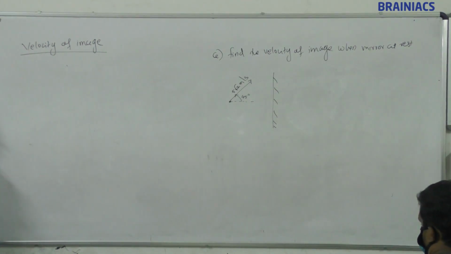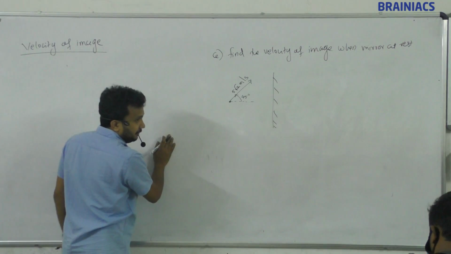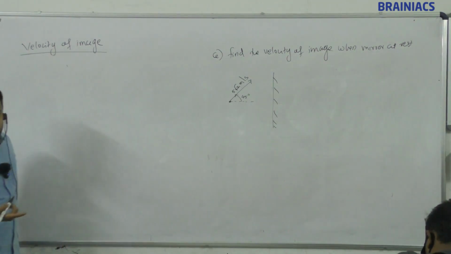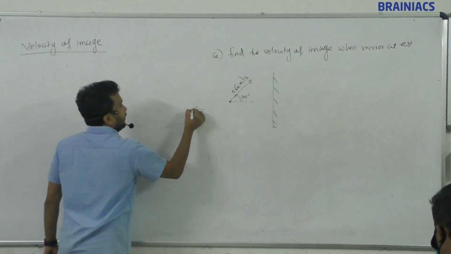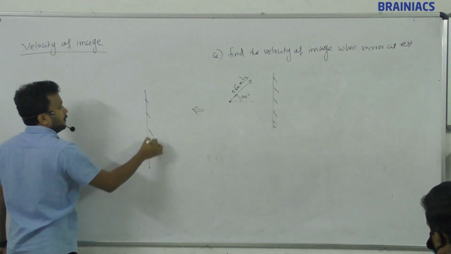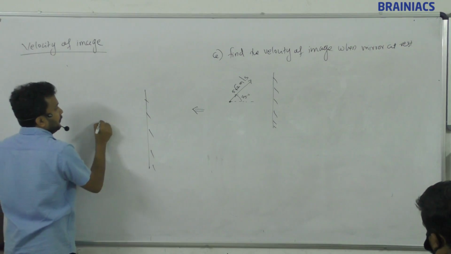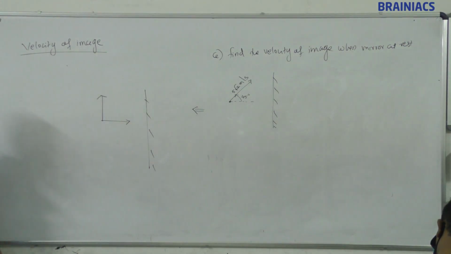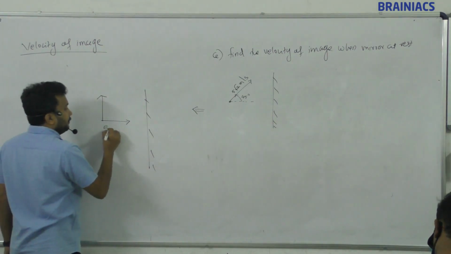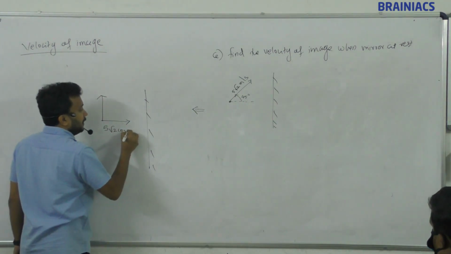The object is moving at 5 root 2. So in this case, what you have to do: you have a parallel component and a perpendicular component. This is similar to two-dimensional motion, right? You will split it. So one component of velocity like this and another component, that 5 root 2 is split. What will this come? 5 root 2 cos 45.